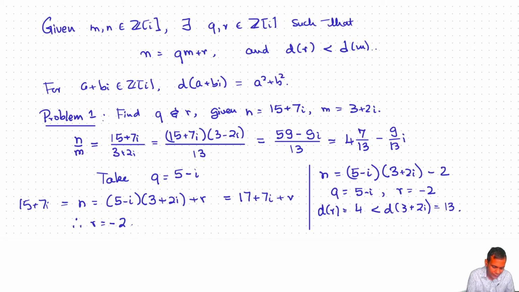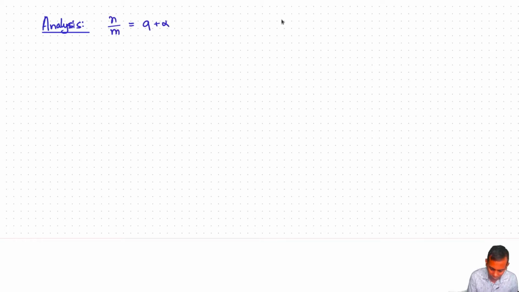And why is that the case? So let's just do a little bit of analysis. n by m is q plus alpha, and we know that the real and imaginary parts of alpha are each less than or equal to half.